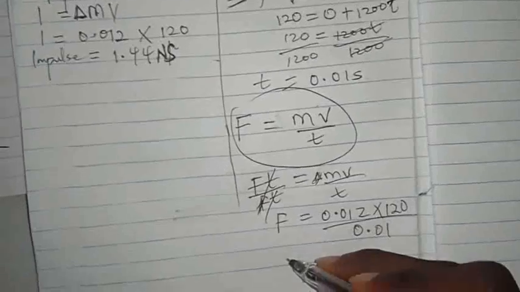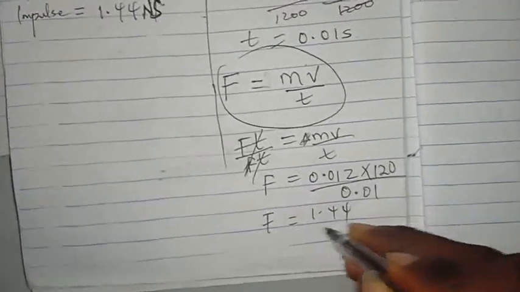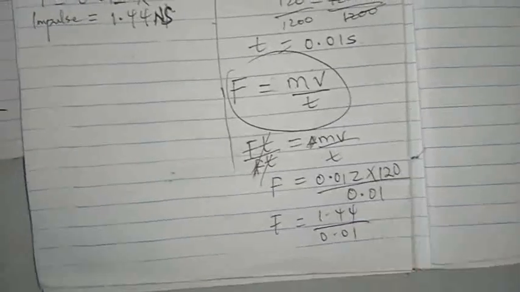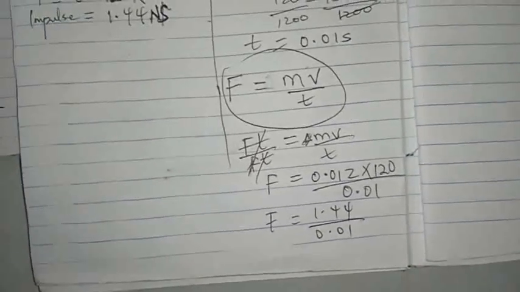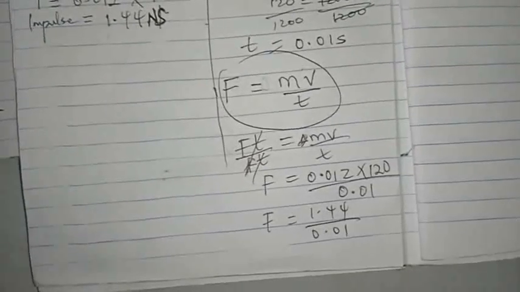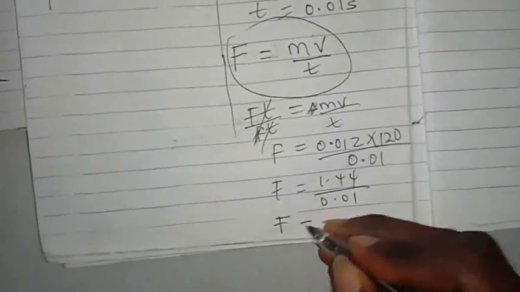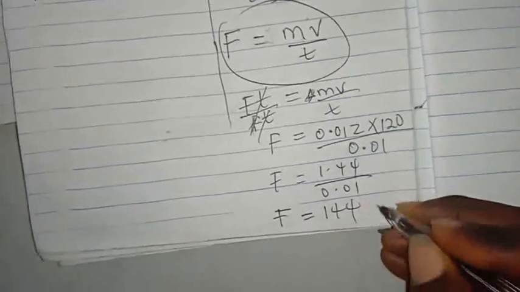So you get F to be equal to 1.44 all over 0.01. So 1.44 divided by 0.01. So force is equal to 144 Newton. And that is my answer. That is the final answer.